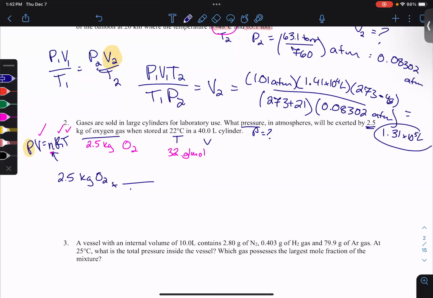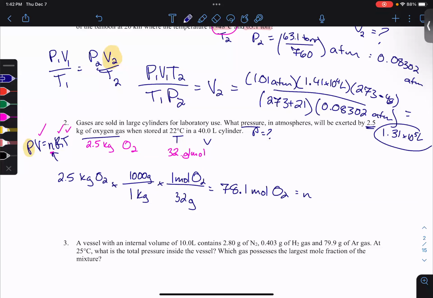So this is in kilograms, so 1 kilogram is 1,000 grams. And then 32 grams of this sample is 1 mole of this sample, so oxygen gas. And so you can see if I have 2.5 kilograms of oxygen gas, then I actually have 78.1 moles of oxygen gas.